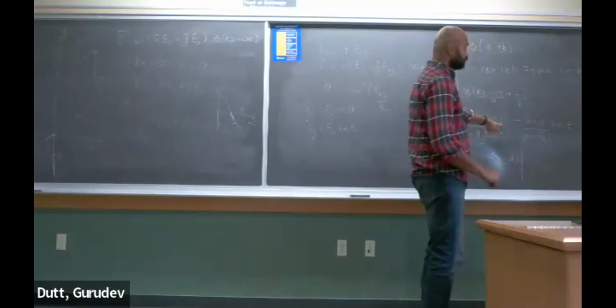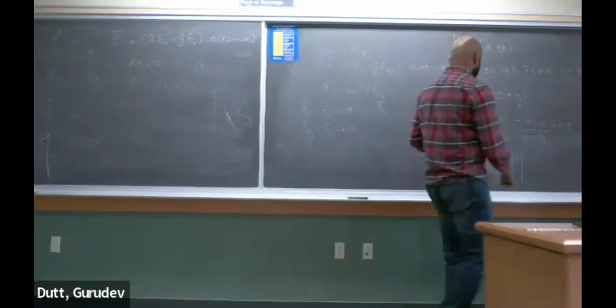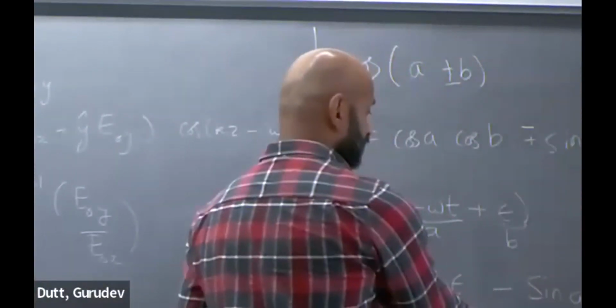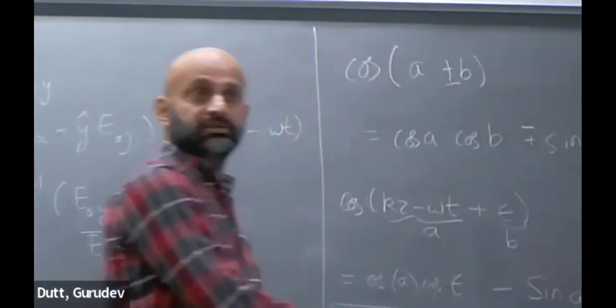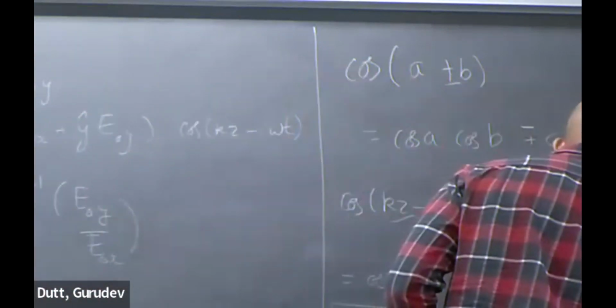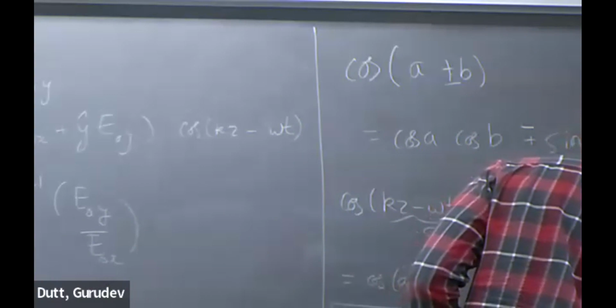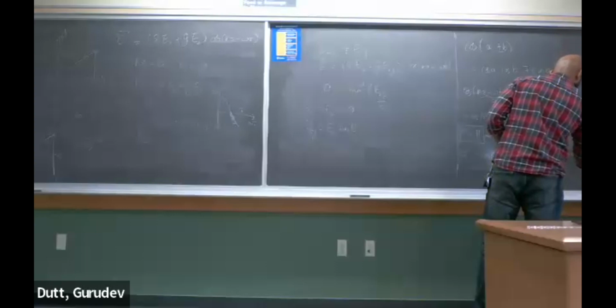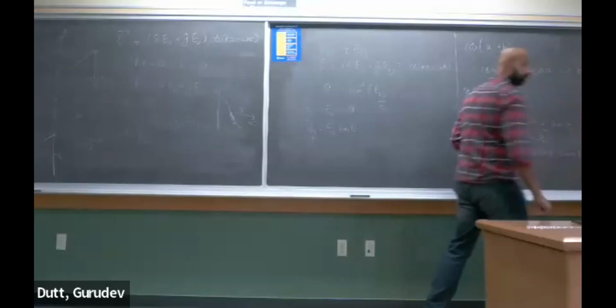So now when epsilon is equal to minus pi over 2, this becomes cosine of A, but cos pi over 2 is 0, right? So we get 0 minus sine A times sine pi over 2, which is just 1.